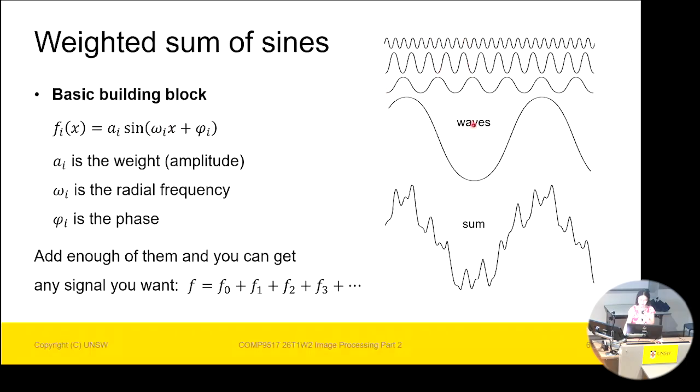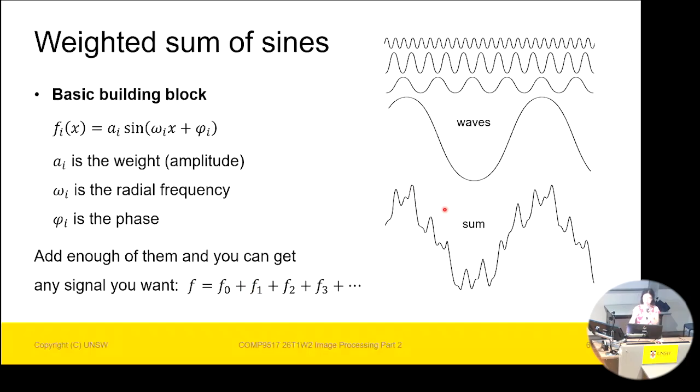And if you sum them together, it will look something like this. In this case, it doesn't look that periodic. But if you keep adding more and more sine waves to it, you will see a more periodic function emerging.